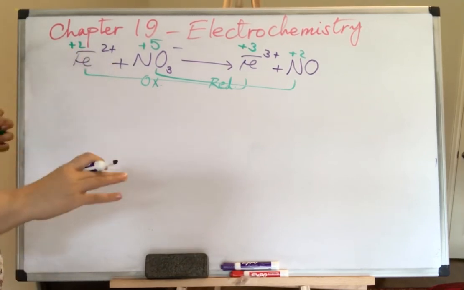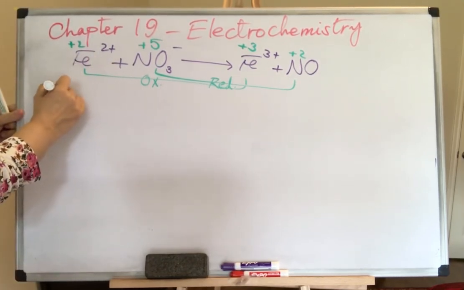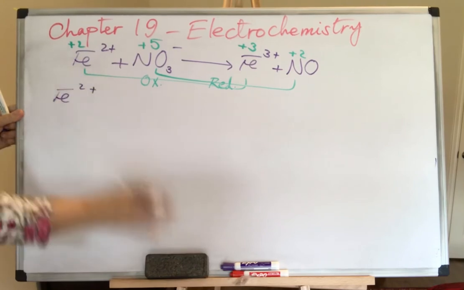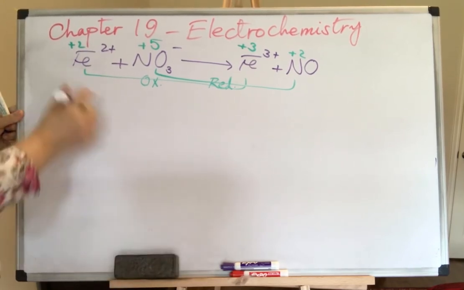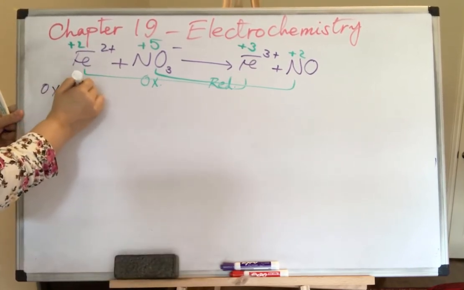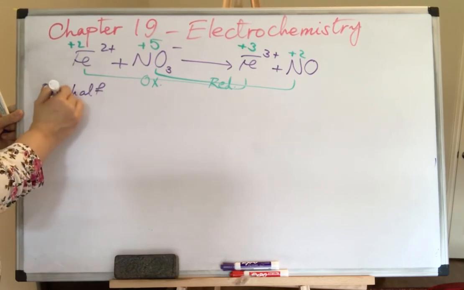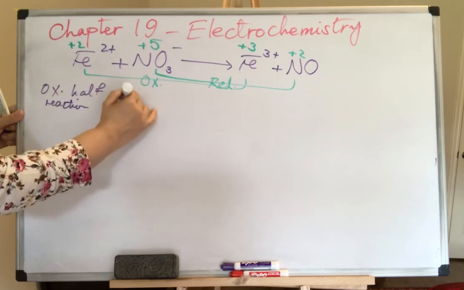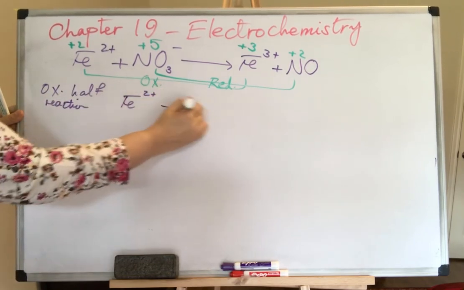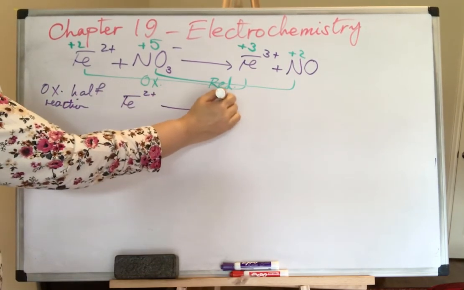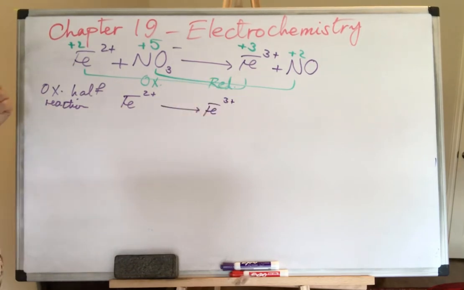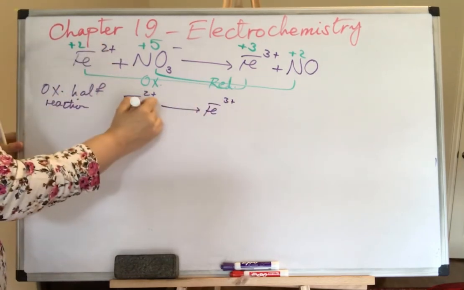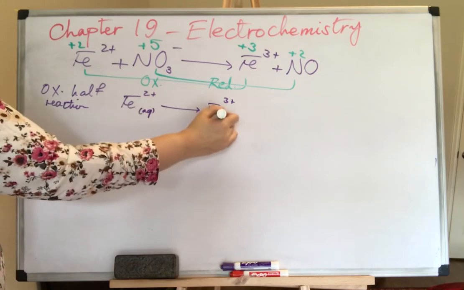So far you had it in Chem 1. Let's say the oxidation half reaction: Fe2+ changes to Fe3+. We needed to do the mass balance and the charge balance.